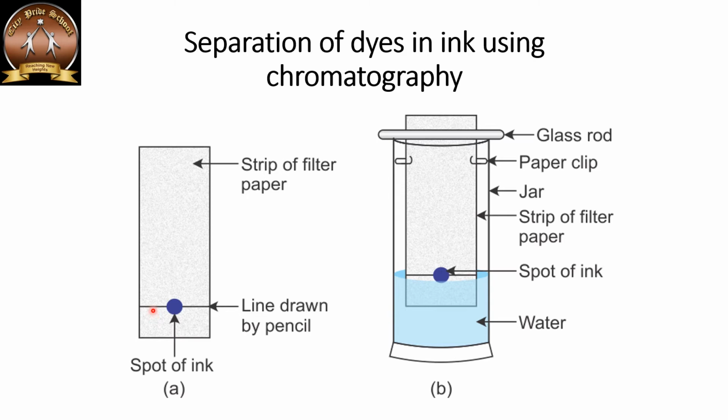Then you have to take the solution having the components which you want to separate out. Using a very fine needle or a capillary, you can spot the mixture solution over here. Make sure that while spotting, the initial spot you give is made to dry.